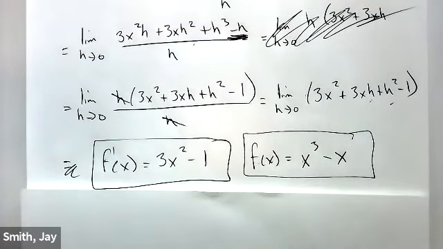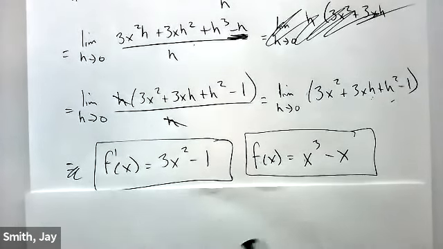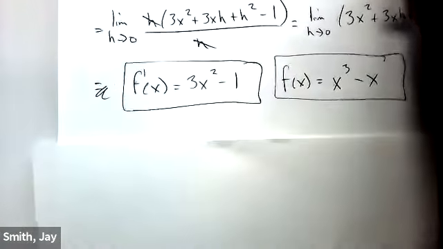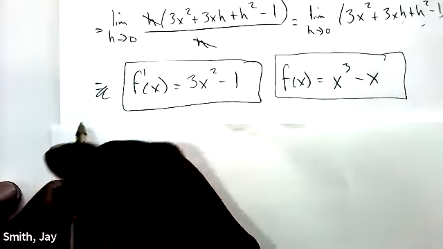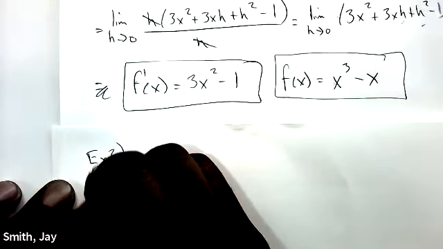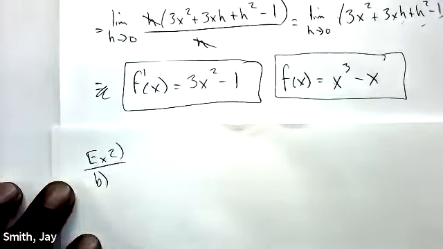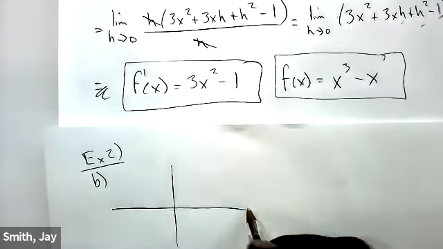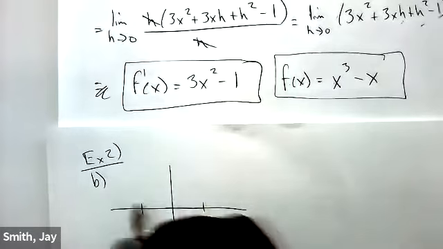All right, so now for part B, what we're going to do is compare the graphs of f and f prime to see if those characteristics still hold true from example 1. All right. So the graphs that we're going to compare here, example 2, part B, we have the graph of f, which looks like so.